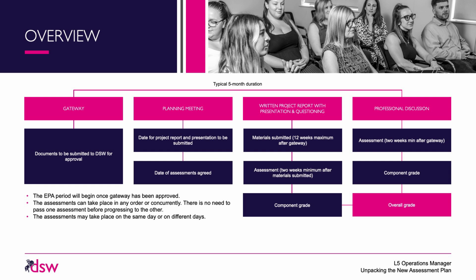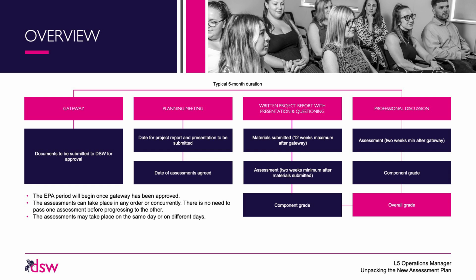So once the apprentice is ready for Gateway, they will submit their Gateway documents and their Gateway requirements. They will then have their standard planning meeting between the apprentice, if they wish to attend, the assessor and the training provider.